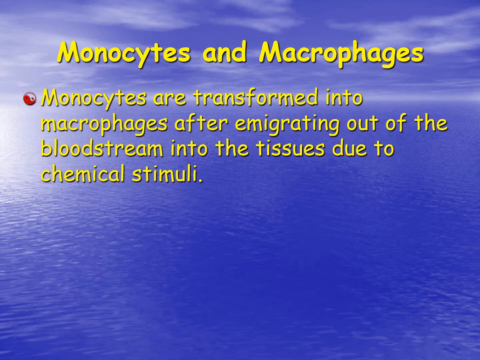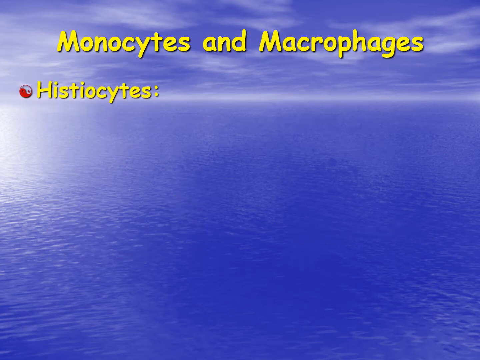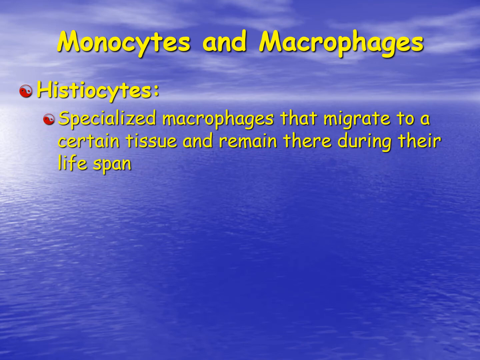The monocytes transformed into the macrophages in the tissues will increase in size in the tissue. They have enhanced development of lysosomes and other organelles within the cytoplasm. Histiocytes are something we call fixed macrophages.